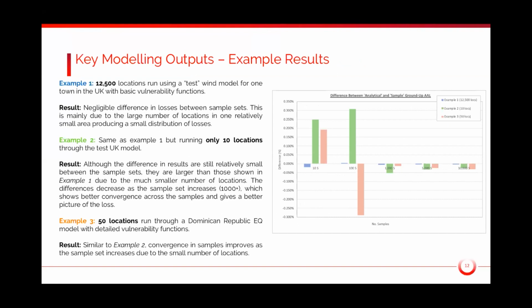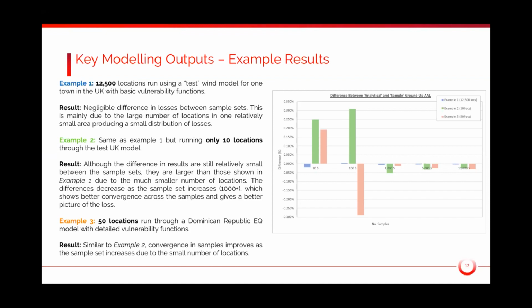What I did is I ran a few model runs and just changed the sample set for each one. For example, example 1, represented in blue, was a 12,500 location portfolio, and I ran it through the same test model for UK wind, a town in the UK, with very basic vulnerability functions.